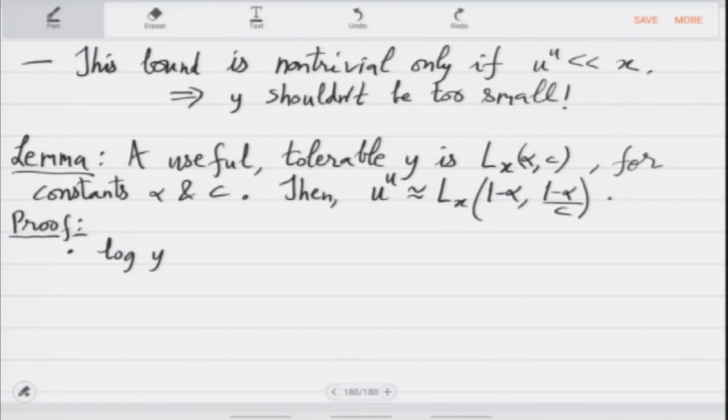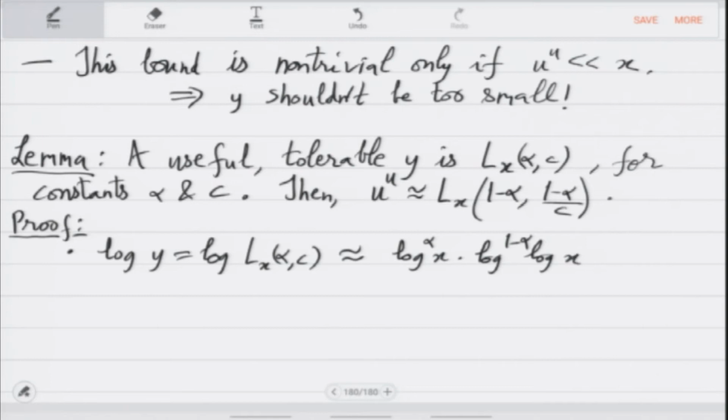Log y is log of this L_x(alpha, c), which by definition, if you ignore the constants and come to the main function, is c times (log x)^alpha times (log log x)^(1 minus alpha). This is what log y is.